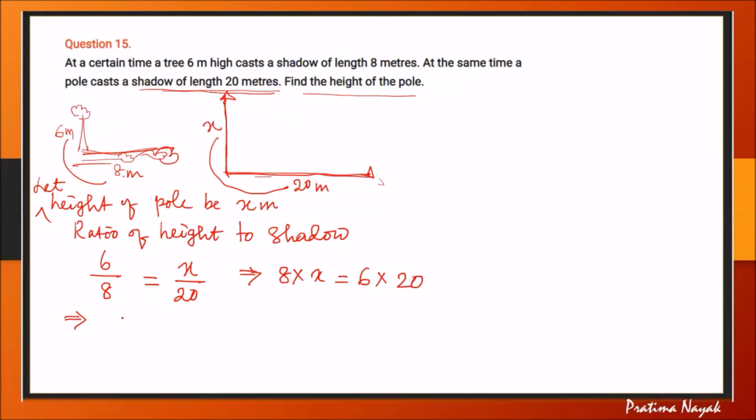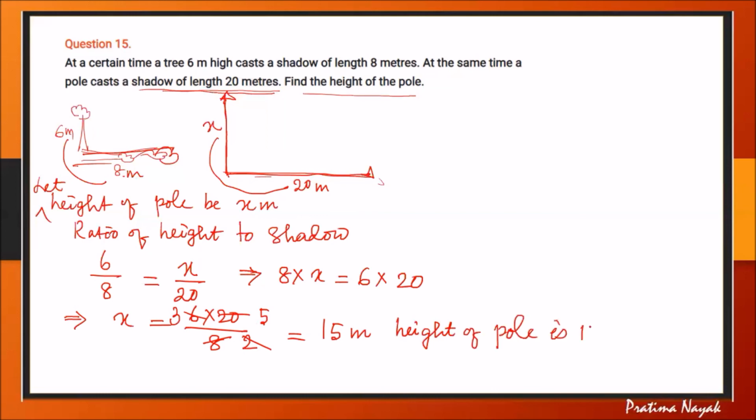Or x is equal to 6 multiplied by 20 by 8. Cancel. 4 2s are 8, 4 5s are 20, and 5 3s are 15. So it will be 15 meter. So the height of the pole is 15 meter.